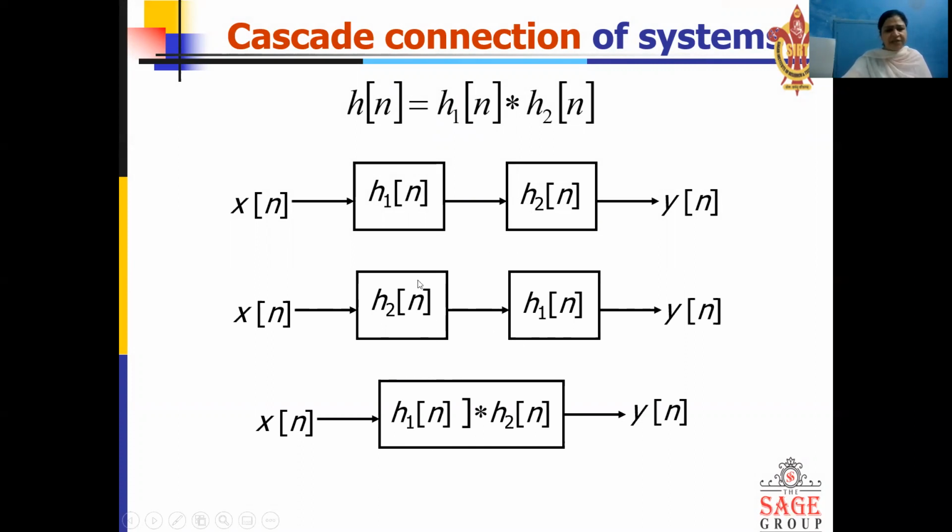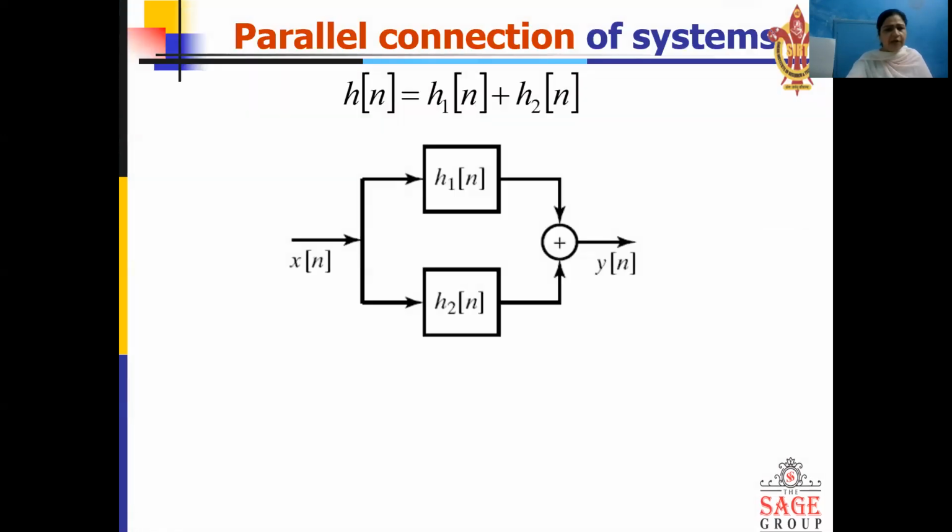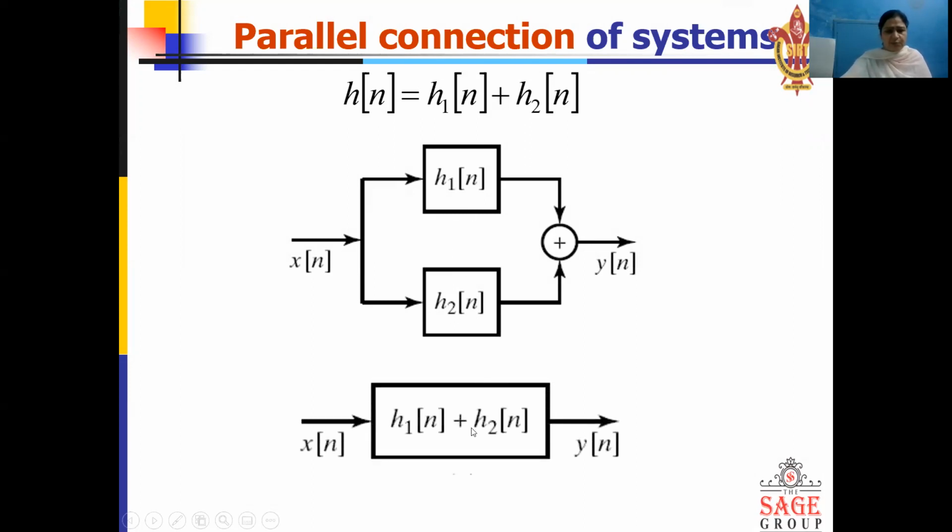If I interchange the order of the systems, say h2 n then h1 n, the result will also be the same because the convolution is commutative. As discussed in the previous property, if two systems are connected in parallel, then the resultant system will have a unit impulse response given by the sum of the two unit impulse responses.